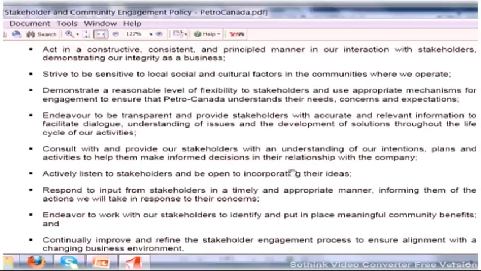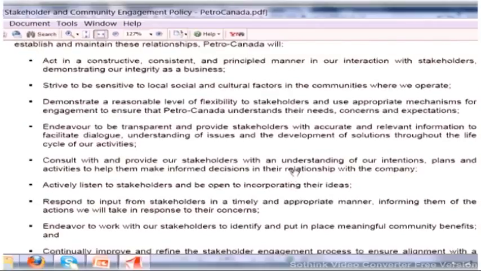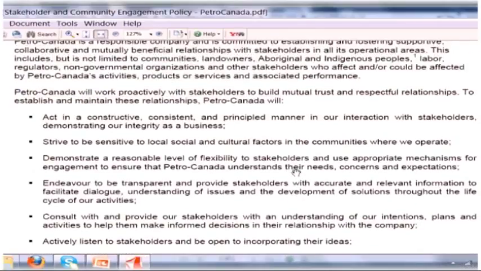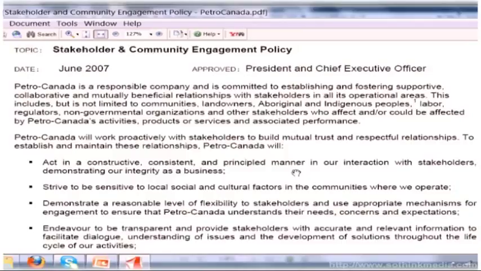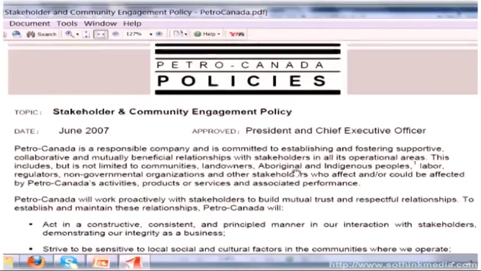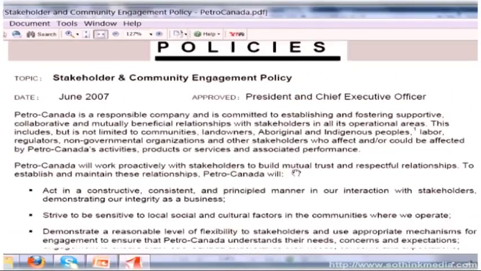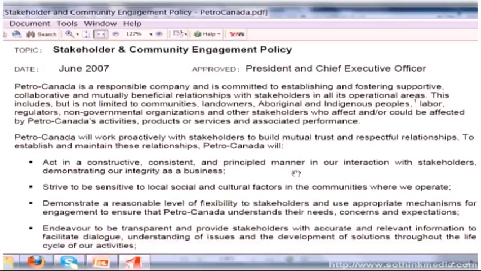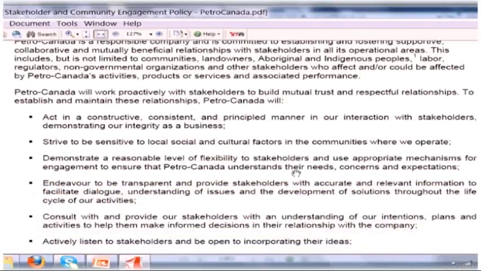So these are all elements of a very good stakeholder policy, and this company, which I have also found out through my other sources, has been doing quite a good job with regards to its stakeholders.